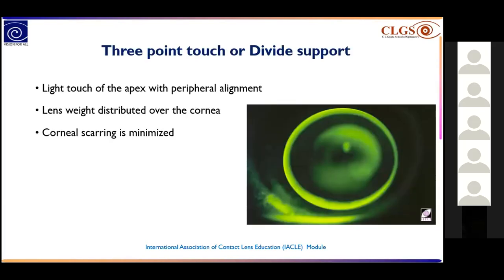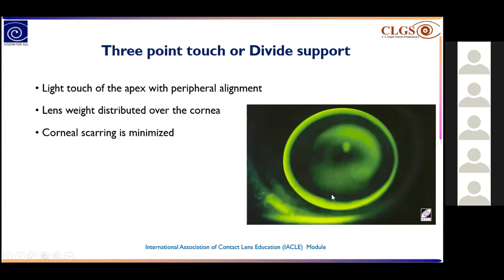Next is three-point touch or divided support. It is the most widely accepted philosophy, where the support is divided between the center as well as the periphery, which makes the patient more comfortable and gives good vision. In these pictures you can see there is a light touch in the center, and in the mid-periphery there is pooling, and again in the peripheral portion you can see there is a symmetrical clearance.